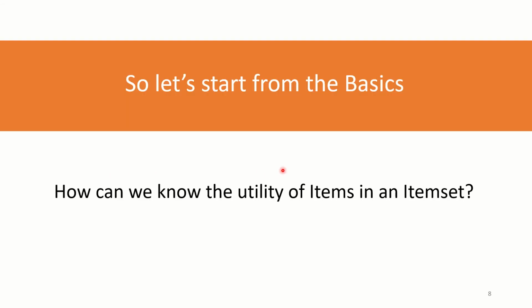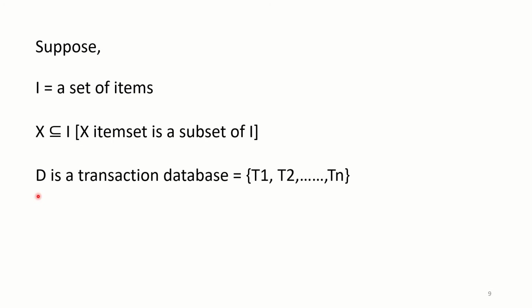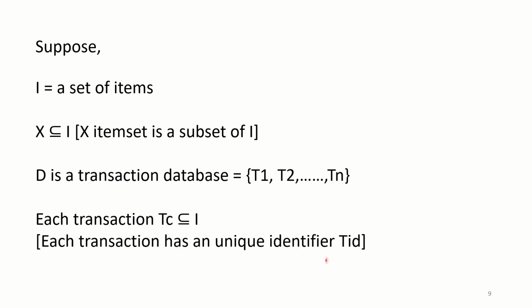So let's start from the basics of how we can know the utility of an item in the item set. Suppose I is a set of items, X would be a subset of I, and D is a transaction database T1, T2, Tn. Each transaction Tc is also a subset of I, and each transaction has a unique identifier called TID.